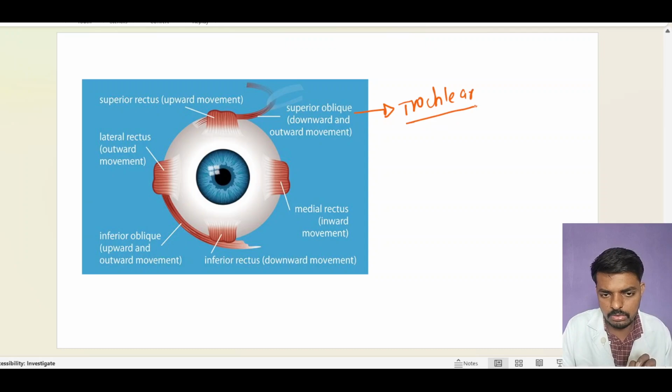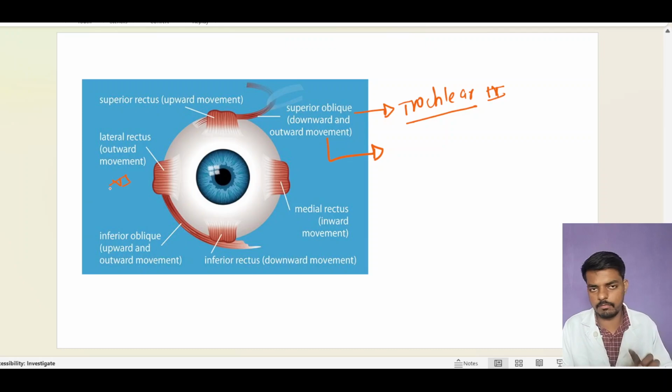The trochlear nerve is responsible for the downward and outward movement of your eyeball. That is cranial nerve number 4, very important. And our lateral rectus is supplied by cranial nerve number 6.